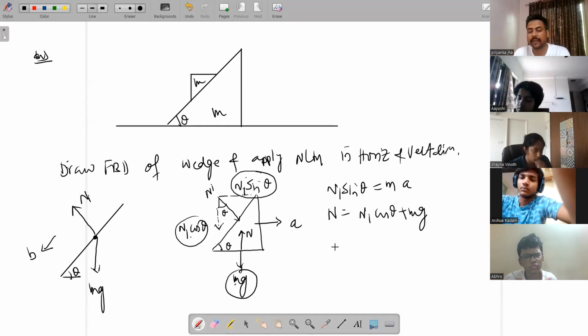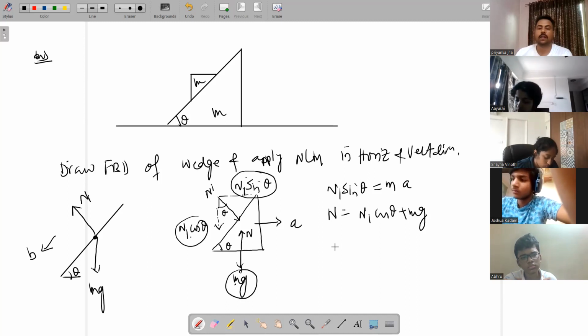We'll go slow today. I'll make you understand each and every concept of this. All the concepts of how to apply Newton's law in the vertical direction, in the horizontal direction, along the inclined plane, along the line perpendicular to the inclined plane, I'll tell you everything.